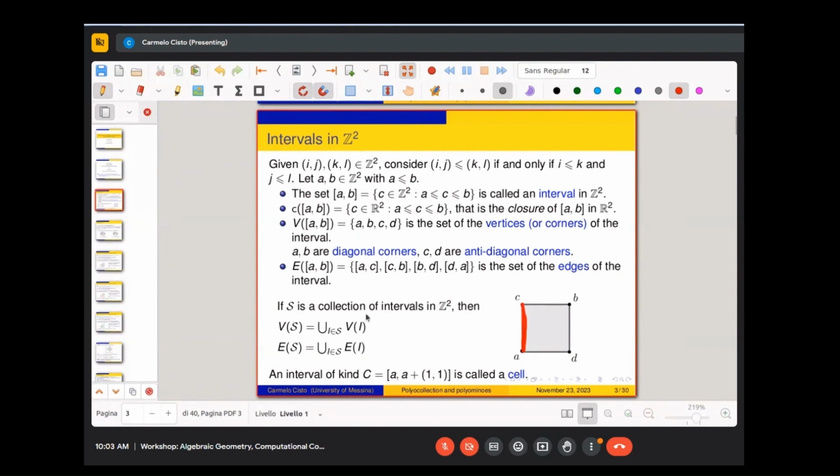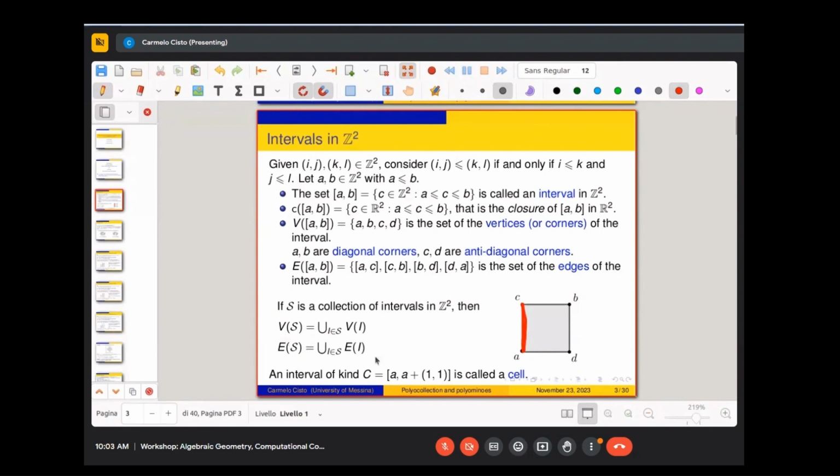When we consider a collection of intervals in Z square, we say that the set of vertices of the collection is the union of the set of all vertices of all intervals belonging to the collection. The same we can say for the edges of the collection.